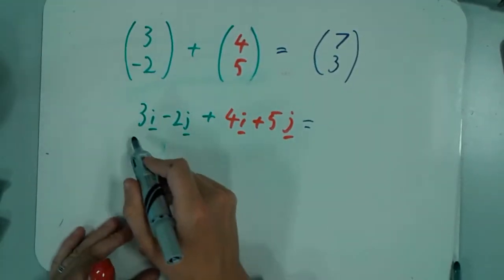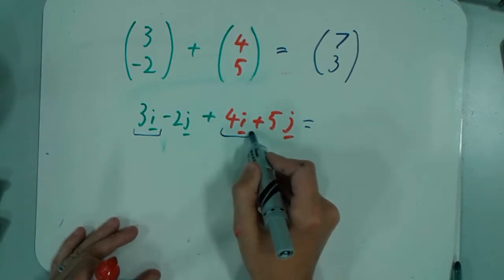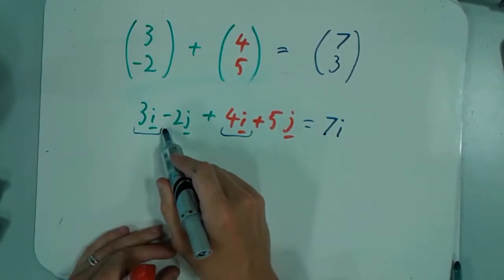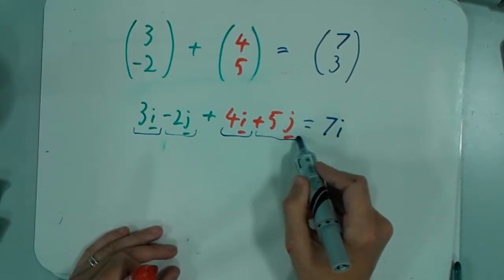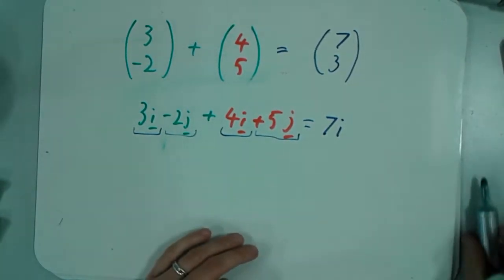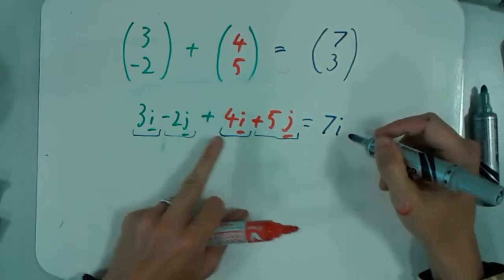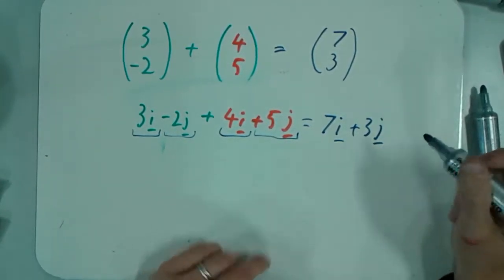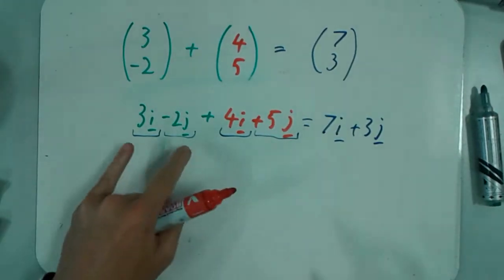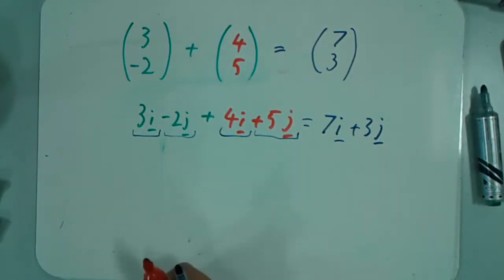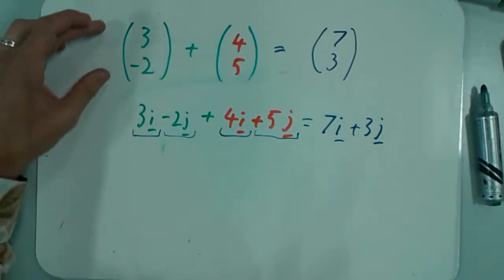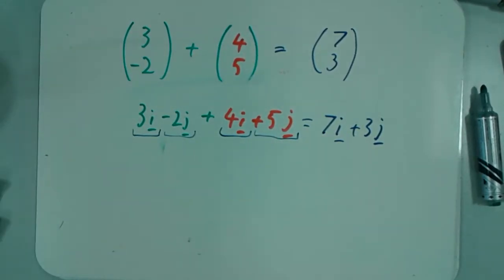All that we do now is we collect our i terms, so 7i, and then collect our j terms, just as if we were doing algebra, and we have -2 + 5, so +3j. Exactly the same answer, just 2 different forms. You'll need to be comfortable working with both forms, as questions will be posed using both of these forms.